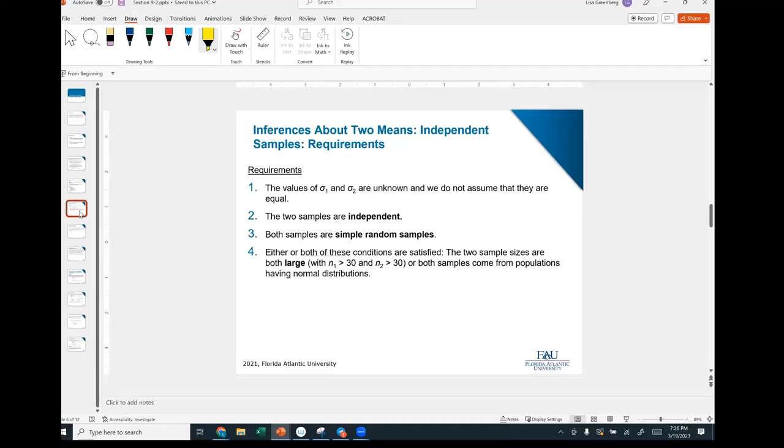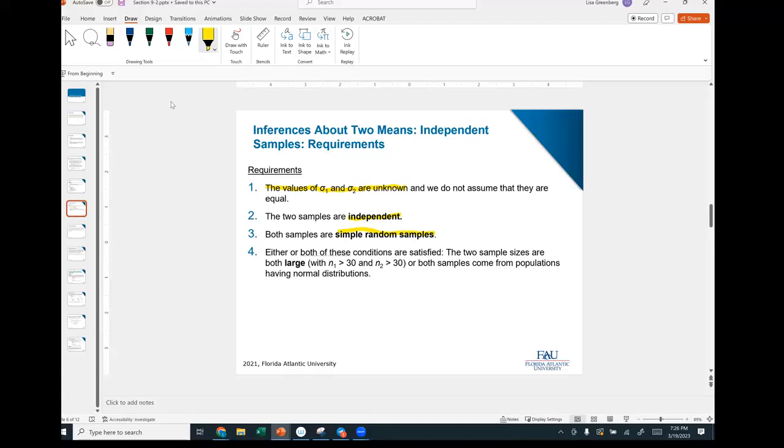Okay, so now let's look at our requirements. The values of sigma 1 and sigma 2 are unknown, and we do not assume they are equal. So this is very important, right? So they have to be unknown. They're independent. Both samples are simple random samples, and either or both of the following conditions are satisfied.